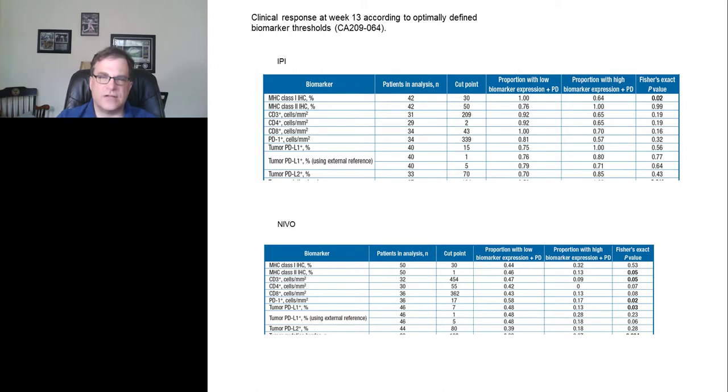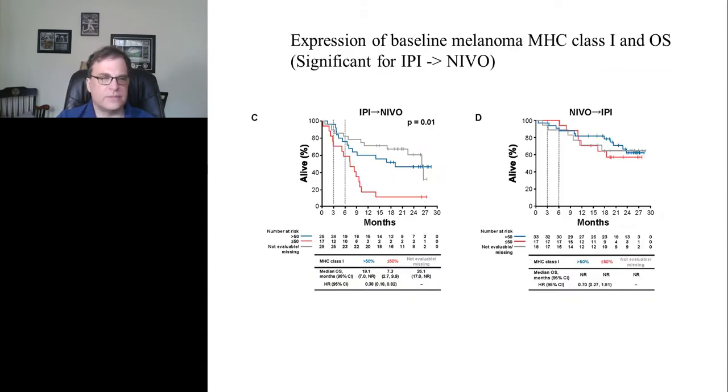This was not true for class 2 expression. For patients who got nivo first, class 1 was not influential on whether patients had a clinical benefit or not, but any expression of class 2, even 1% as scored by 2 independent pathologists, was associated with a favorable outcome to anti-PD-1 therapy.